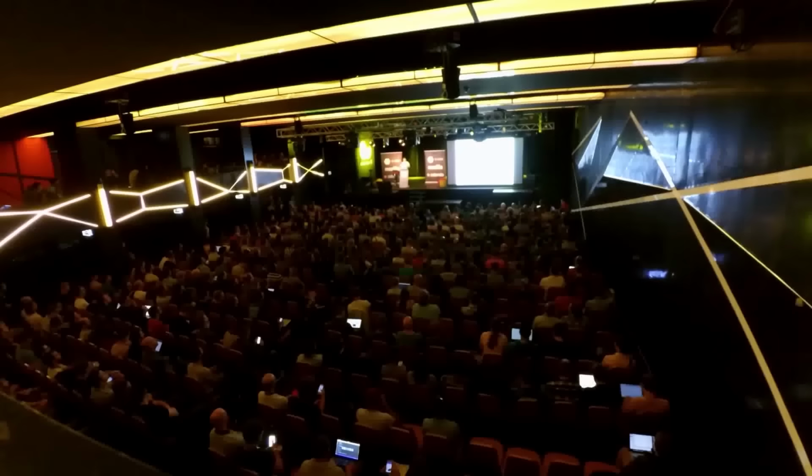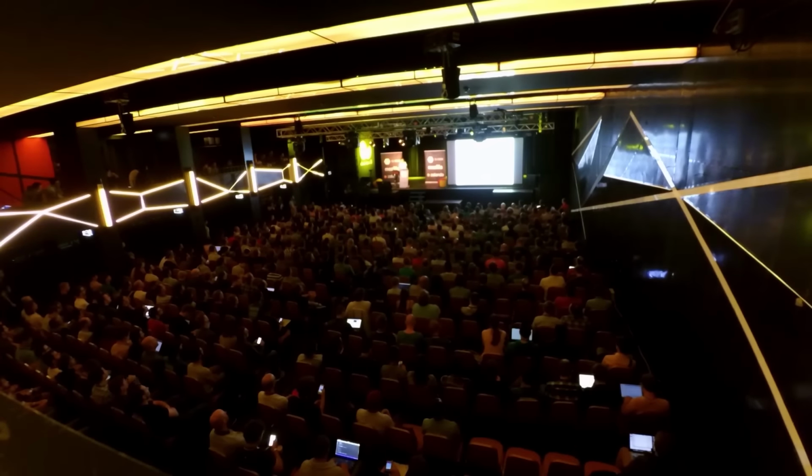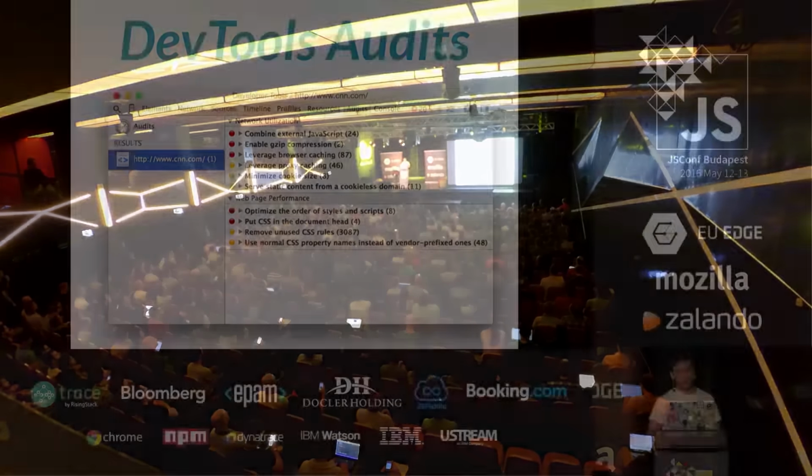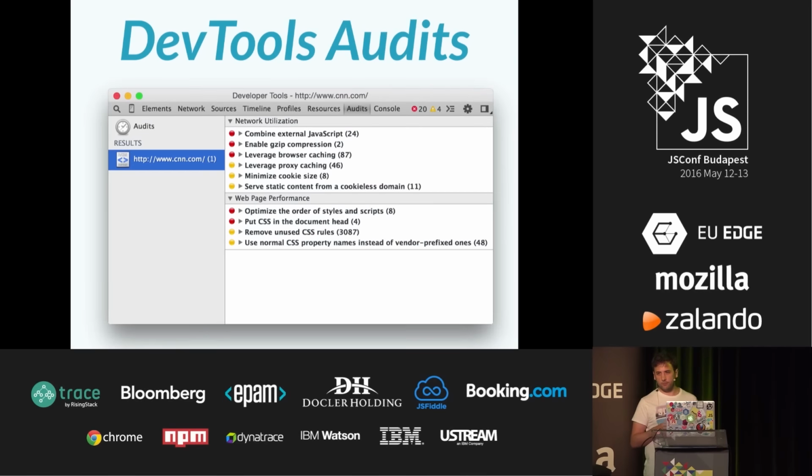So there are a ton of different ways that you can measure performance. The first one is probably the most obvious. You just open DevTools and run an audit of your site. This is not very interesting, but it's probably the easiest way of running this kind of performance analysis.